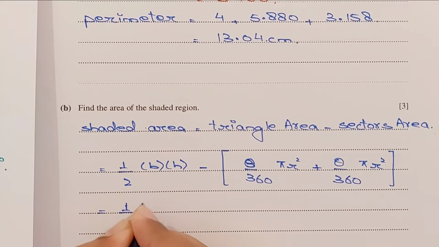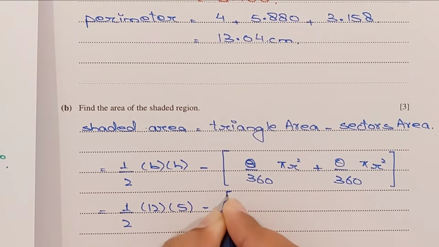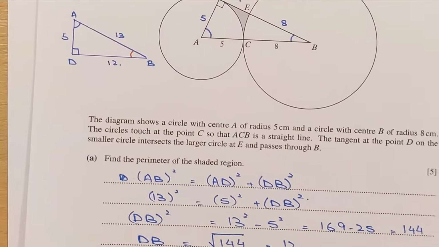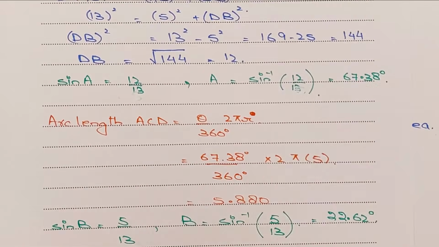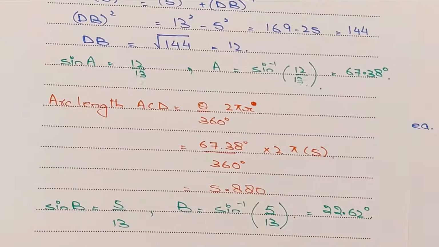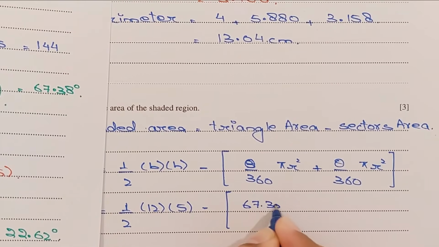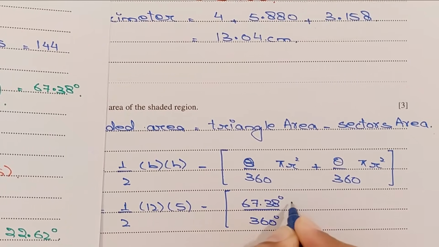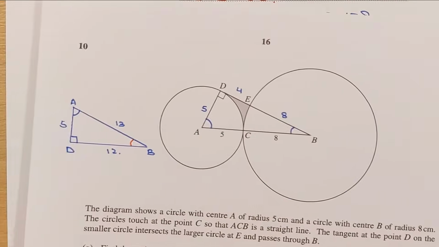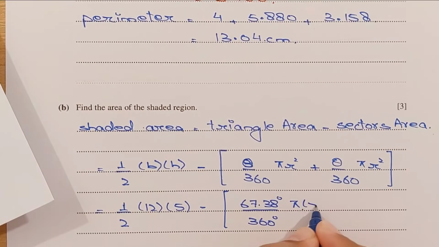The base of a triangle is 12 and the height is 5, minus, okay, so theta, if we do this one, theta is angle A. So we got the angle A 67.38 degrees. 67.38 degrees over 360 degrees, pi, radius of this sector is 5, so 5 squared.